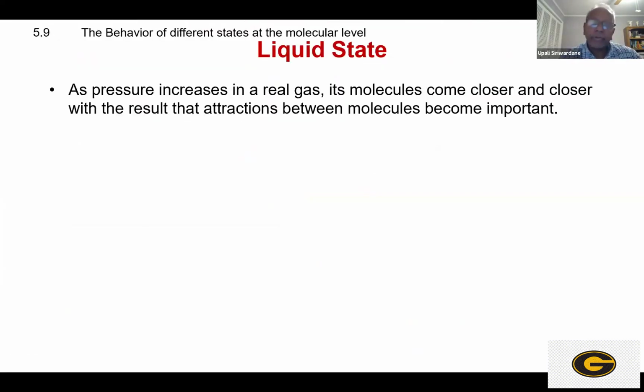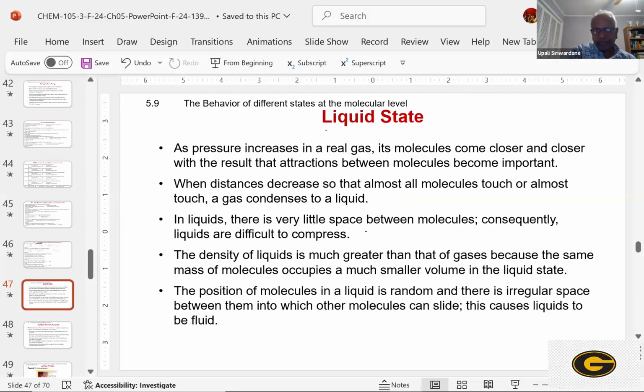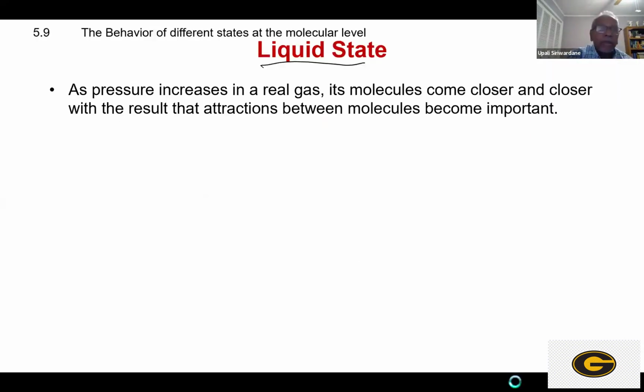This is about the liquid state. I couldn't see this in my slides. We are moving on to the liquid state. We're going to talk about how the liquid state is created from the gaseous state. As the pressure of a real gas increases, molecules become closer.